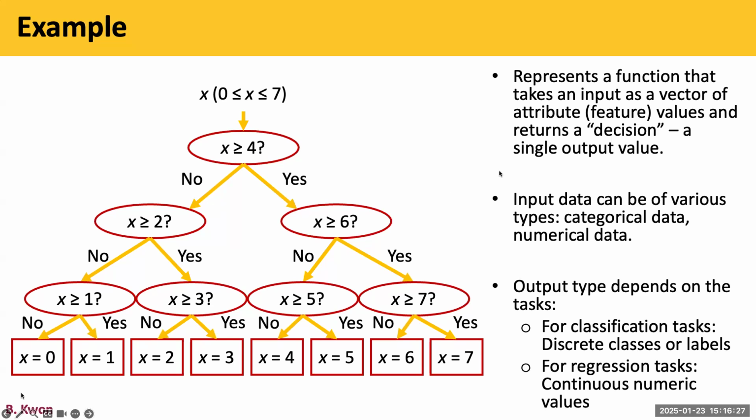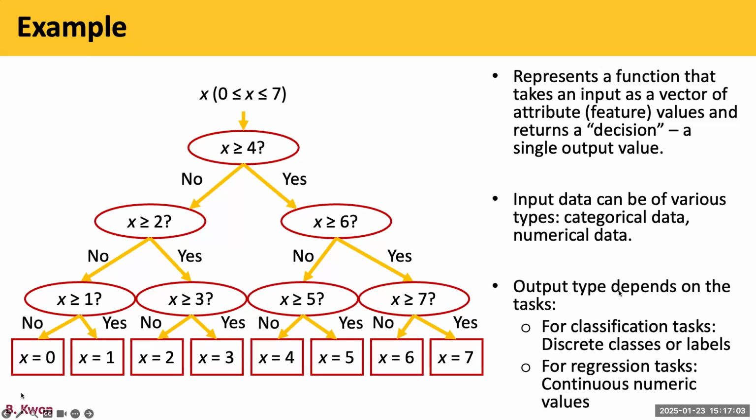It is a numerical function that takes an input as a vector of attribute or feature values, and then returns a decision or output value. In this method, you can use a variety of types of input data, such as categorical data, like what color it is or which day it is, and you can also use numerical data as input, such as the value of x.